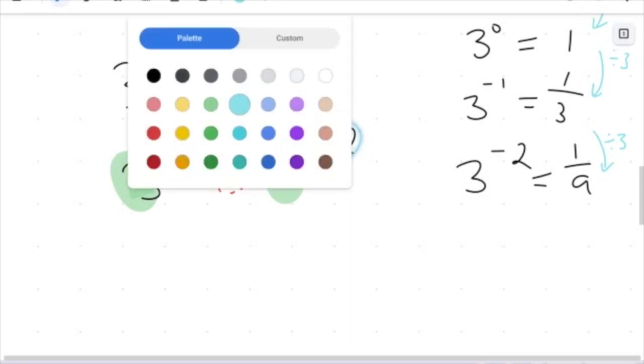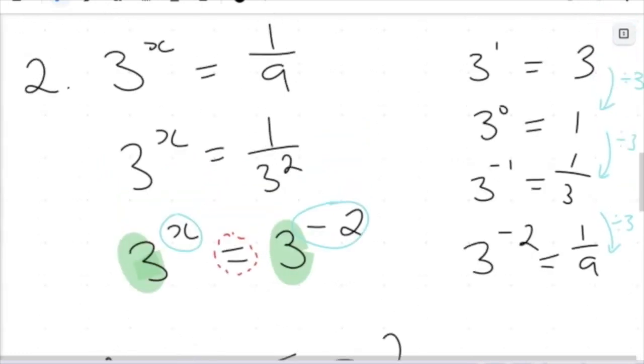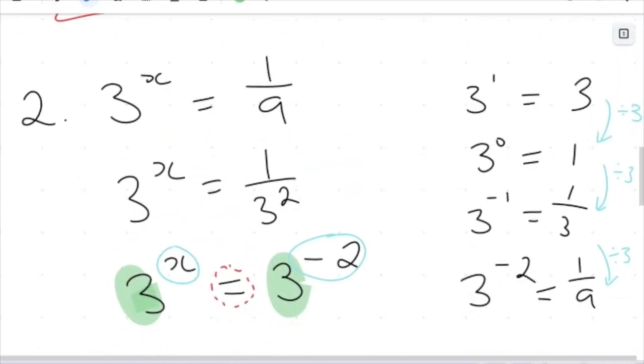So I can conclude that the only solution to this equation is when x equals -2. And if you want, you can check this. You can substitute -2 into here, put it in your calculator, and you'll end up with 1 over 9 as your answer.